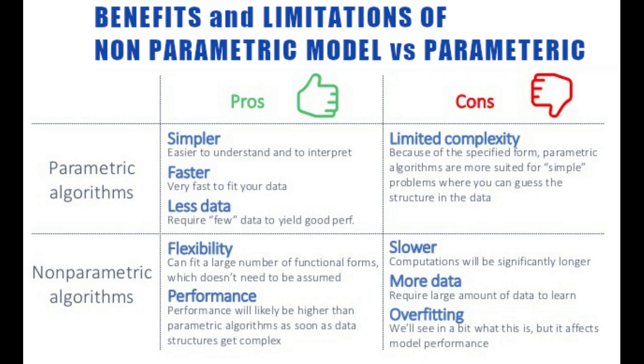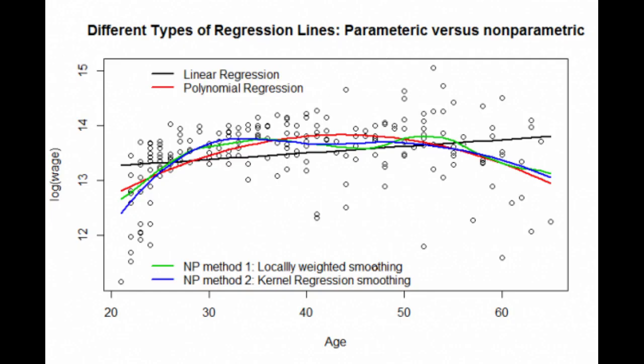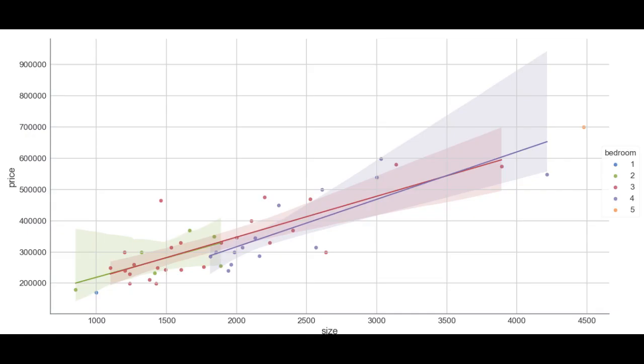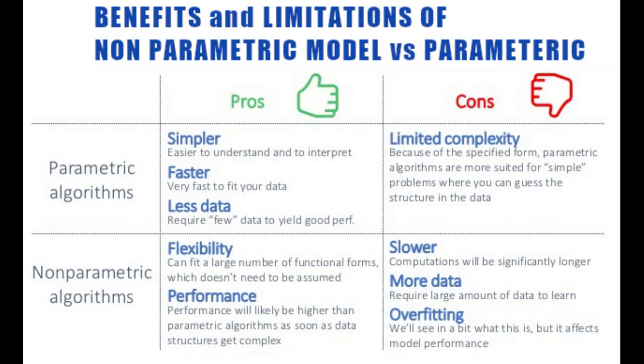Benefits of parametric machine learning algorithms are as follows. 1. They are simpler, that is, these methods are easier to understand and interpret results. 2. They are fast, that is, parametric models are very fast to learn from data. 3. They require less data, that is, they do not require as much training data and can work well even if the fit to the data is not perfect.